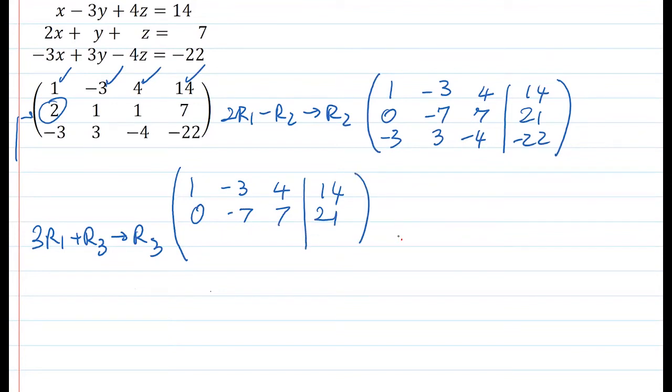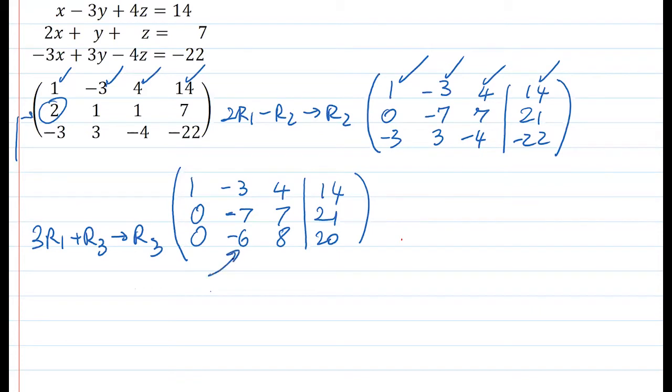Third row, 3 times 1 minus negative 3 equals 0. 3 times negative 3 is negative 9, plus 3 equals negative 6. 3 times 4 is 12, plus negative 4 equals 8. 3 times 14 is 42, plus negative 22. So 42 minus 22 equals 20. So far, so good. Now you need a 0 in this position.